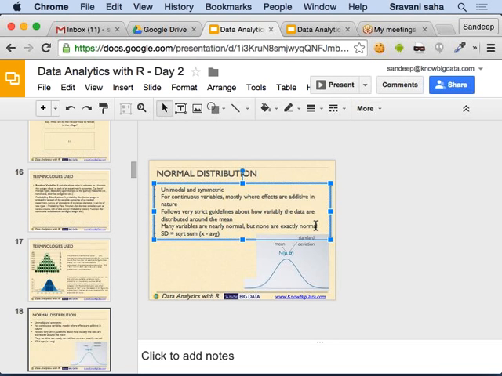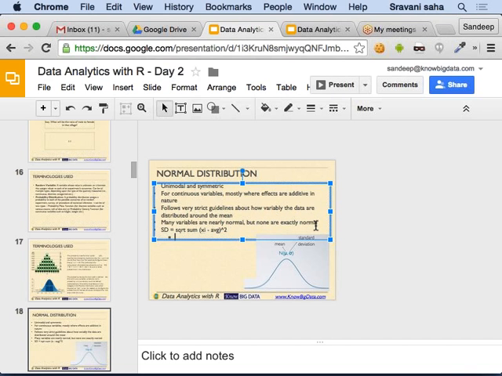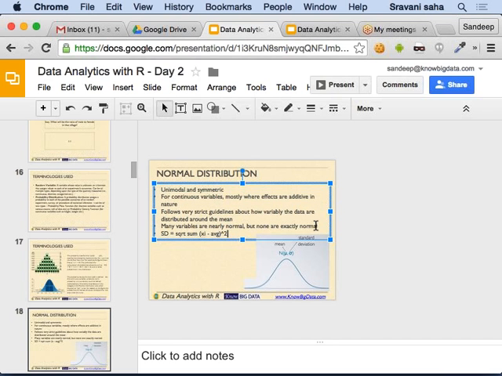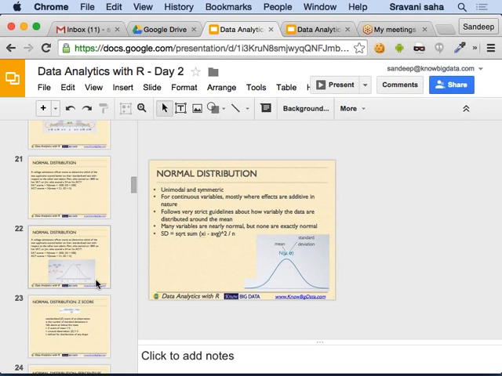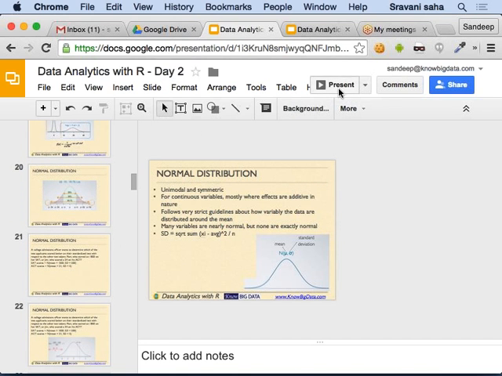And we say sum of... Actually, this has been moved and I don't like it.